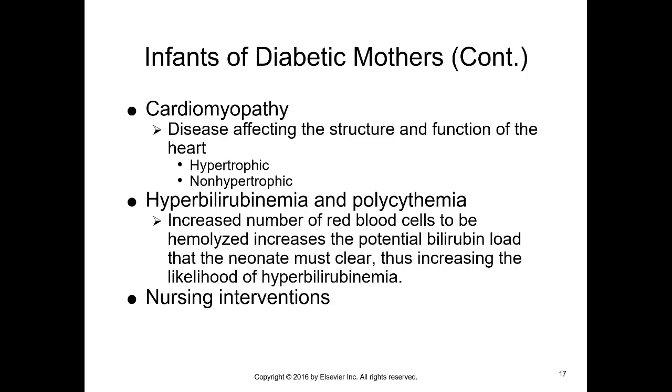So when the heart pumps, the blood doesn't flow out like it's supposed to. There can also be non-hypertrophic, where the myocardium is poorly contractile and overstretched. They have large ventricles and there's no outflow obstruction found. So with the non-hypertrophic, the muscle does not work how it's supposed to.